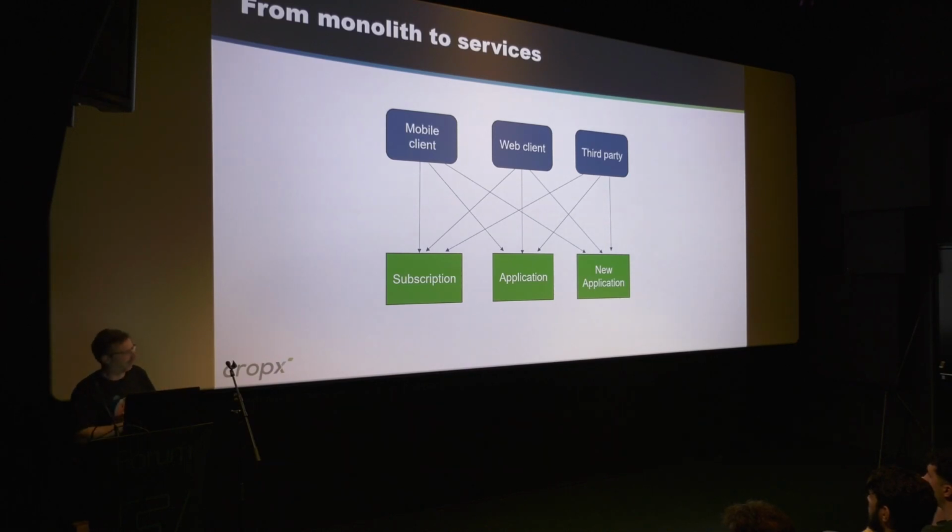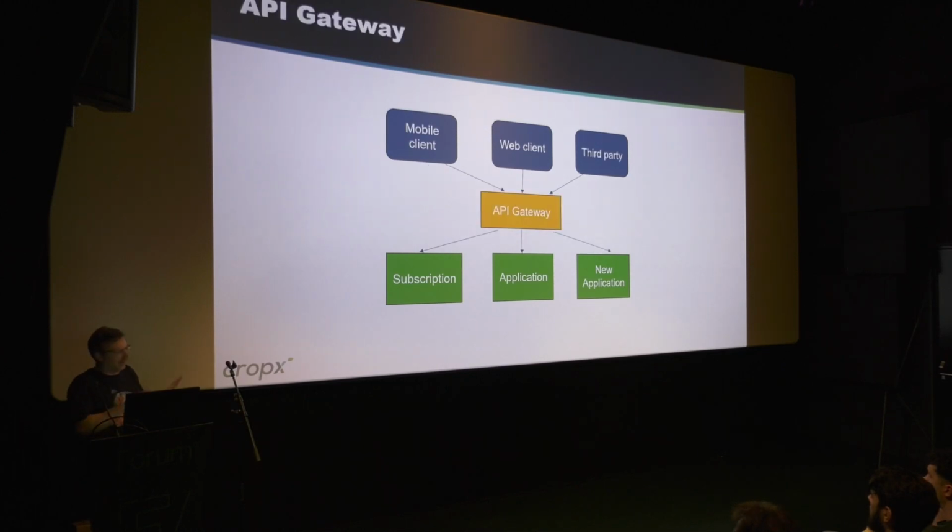You build a new version of it, and soon enough you have this whole web of connections. The clients need to find the backends, and the backends will have to talk to one another as well. So you get this kind of mess, and then of course the obvious solution here is to introduce something called an API gateway.